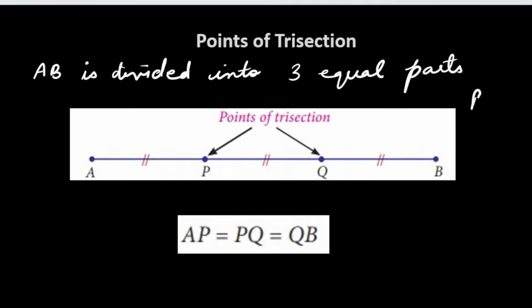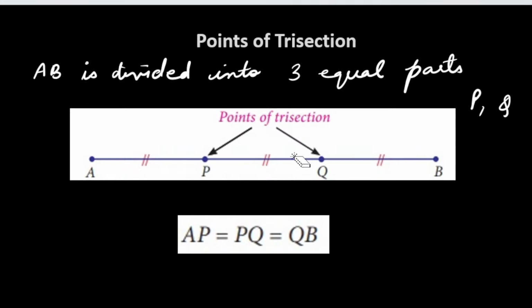Here points P and Q, because AB is a line segment which is getting divided into three equal parts, are the points of trisection, because these two points are dividing the line segment into three equal parts.